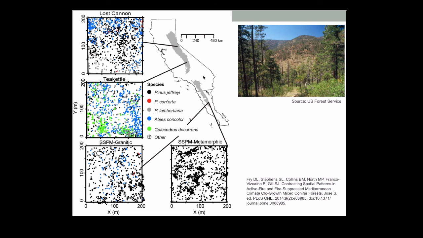So this is some data from a really nice paper in 2014 by D.L. Fry and others, looking at the distribution of mixed conifer and Jeffrey pine systems across California and then down into Baja California and Mexico. And again, this is just to drive home the point that we're looking at spatial patterns.